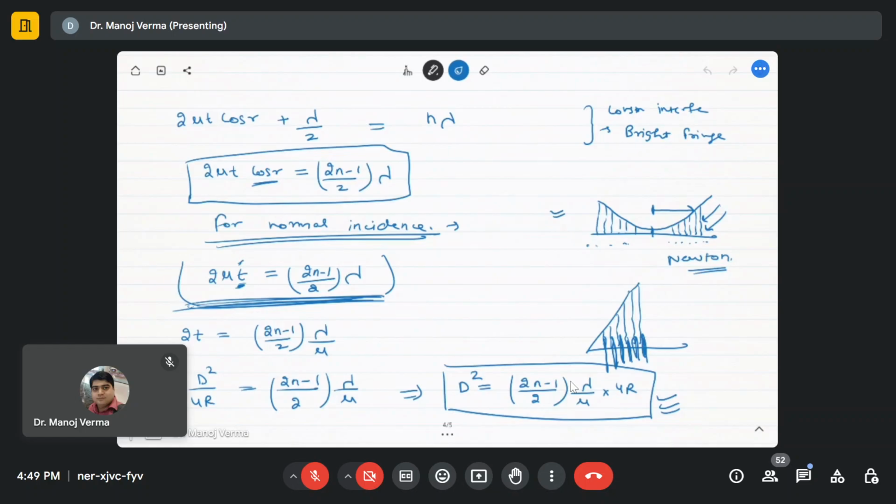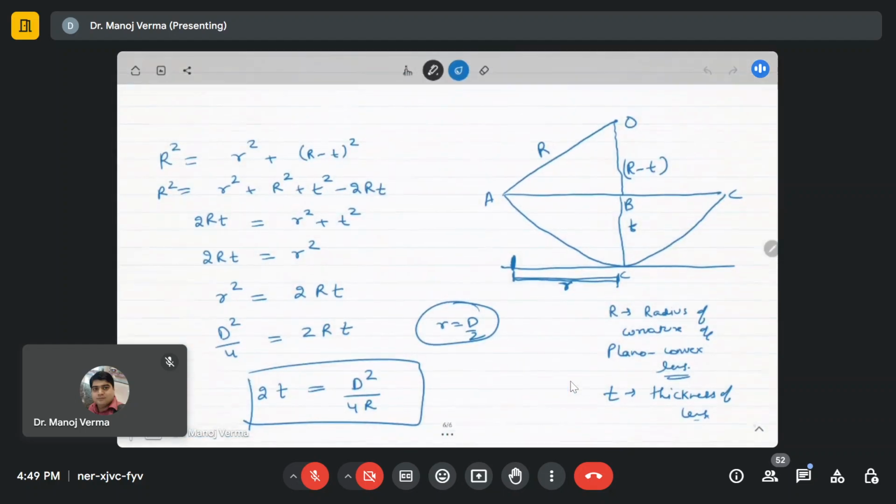Now the first expression was considered with the path difference equal to n lambda, which will be the condition for constructive interference, that is, for a bright fringe.